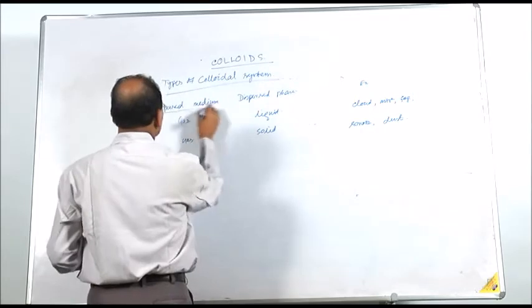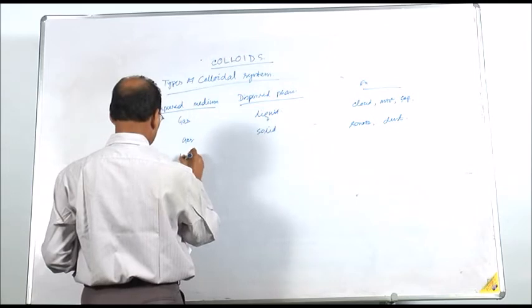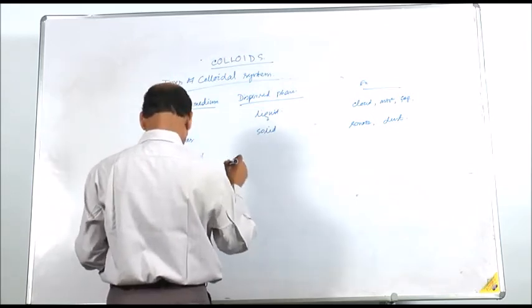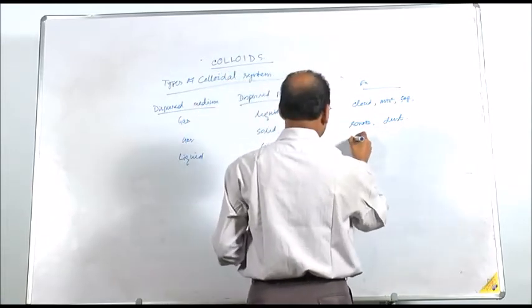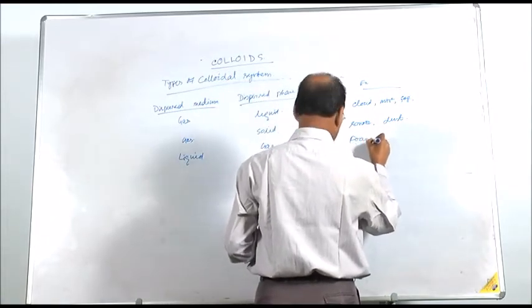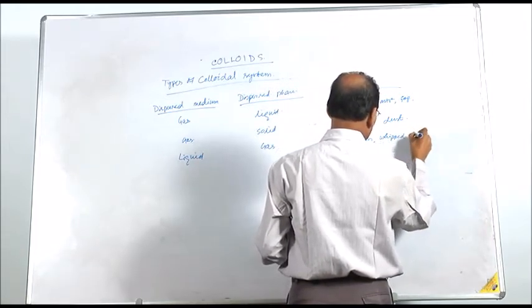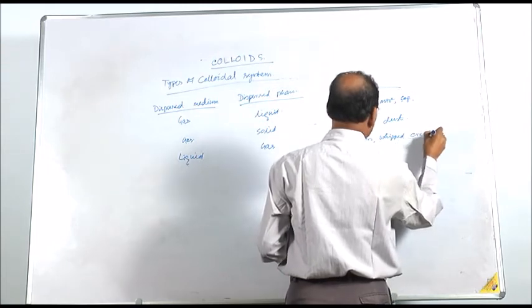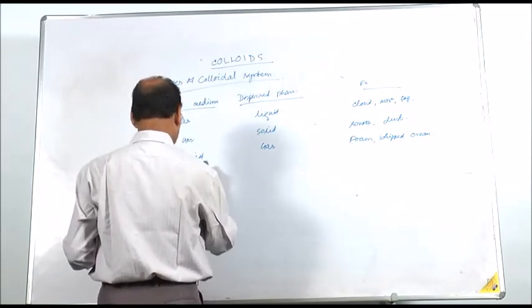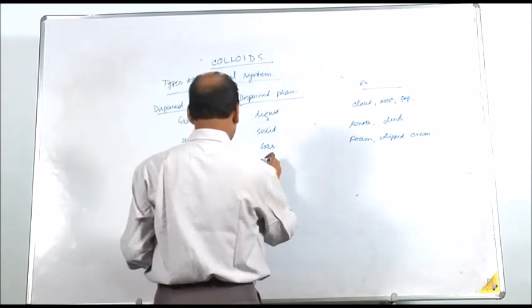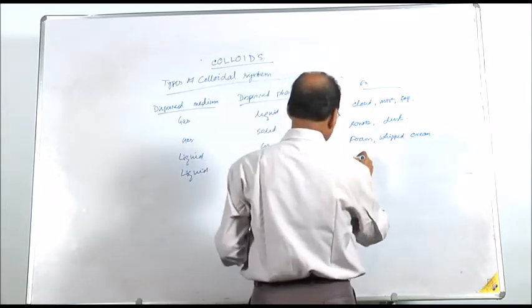If dispersed medium is liquid and dispersed phase is gas, it forms foam, whipped cream. If it is liquid and liquid, that means emulsion.